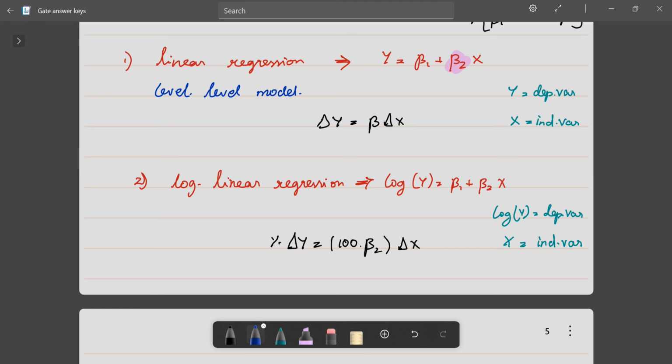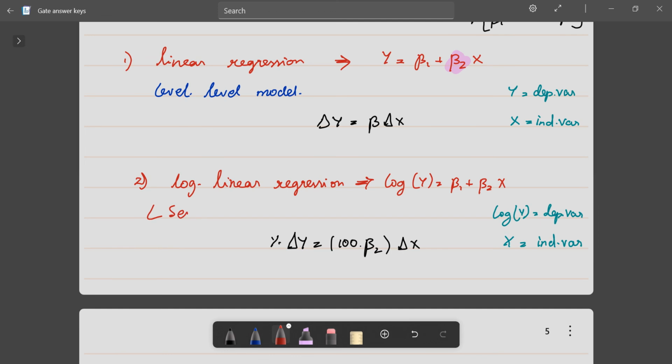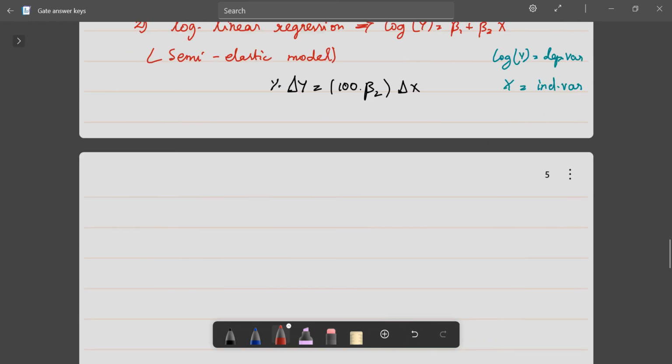So this is also called semi-elastic model, as a unit change in the independent variable refers to the percentage change in the dependent variable.